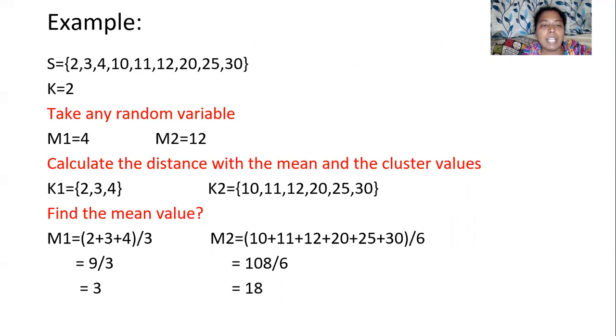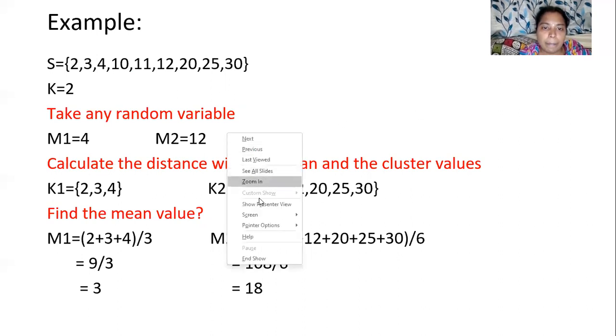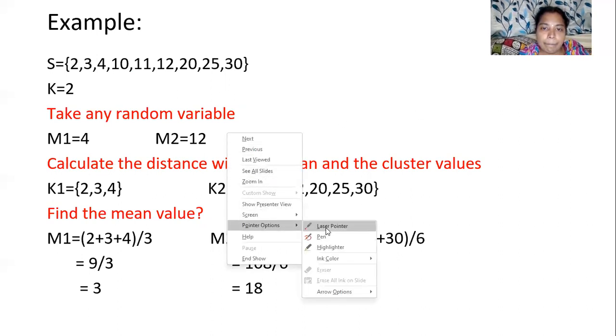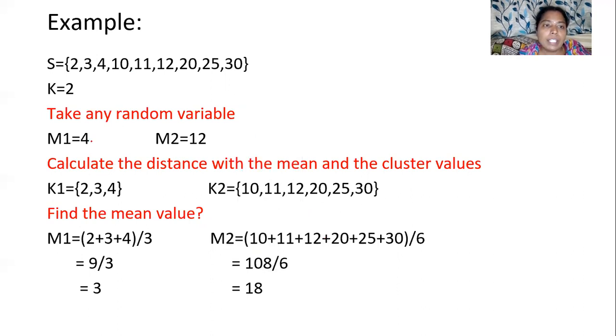We take any 2 random values, say M1 equal to 4 and M2 equal to 12. Here the value 4 and the value 12 are taken as random values that we consider as the means for the whole data set, and we'll find the differences.